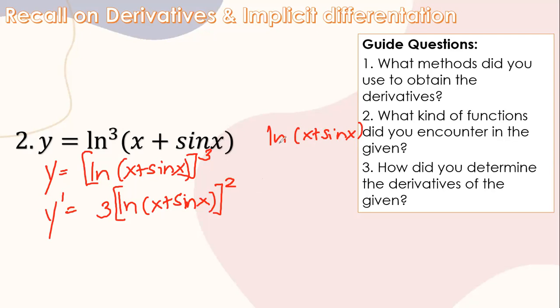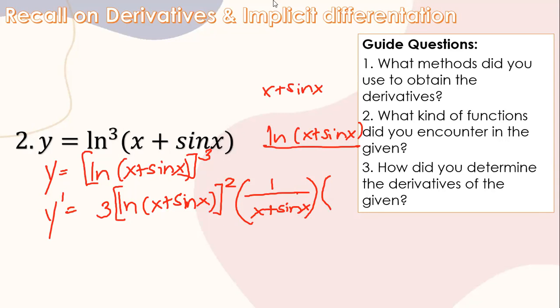Okay. Anong derivative ng ln x plus sin x? Okay. So, we have 1 over x plus sin x. Itong kasama ni ln, which is x plus sin x naman, meron pang derivative yan.